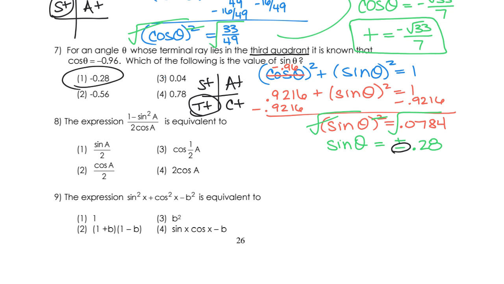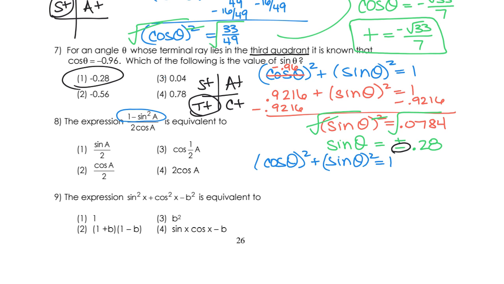All right, number 8, a little bit different. They ask which of the following the expression is equivalent to. This one's a tough one for a lot of us because we have to recognize that the top comes from the Pythagorean identity, so let me show you. The Pythagorean identity is cosine theta squared plus sine theta squared equals 1.